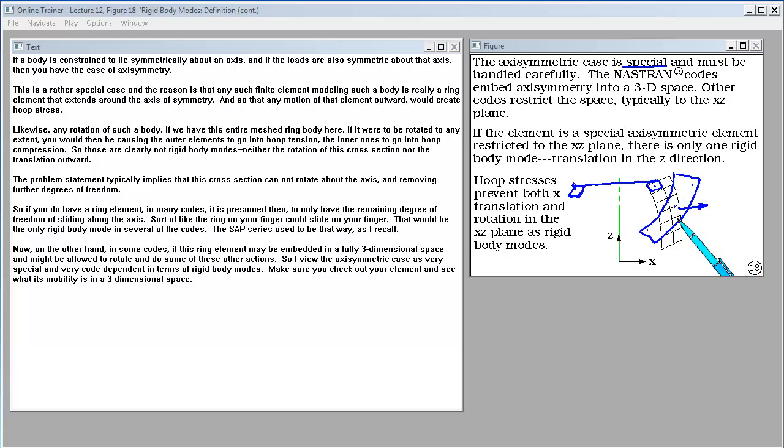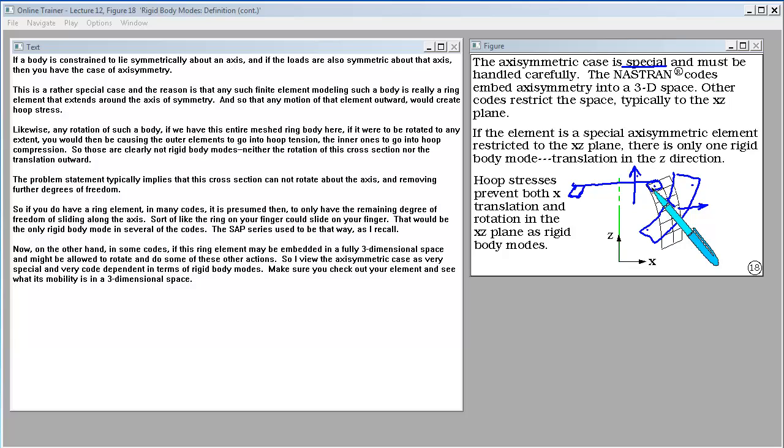The problem statement typically implies that this cross-section cannot rotate about the axis, removing further degrees of freedom. So if you do have a ring element, in many codes it is presumed to only have the remaining degree of freedom of sliding along the axis, sort of like the ring on your finger could slide along your finger. That would be the only rigid body mode in several of the codes.